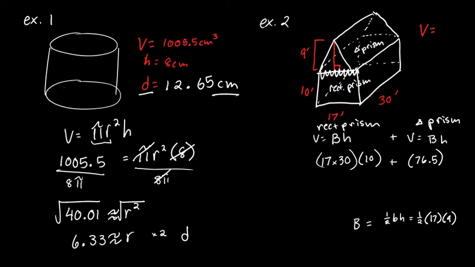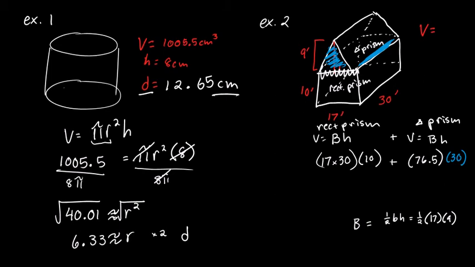Now here, the height of this prism is not strictly going up and down. It is actually going back here since it's a triangular prism and the base is facing forward, facing front and back. So the height is going to be 30 on this.